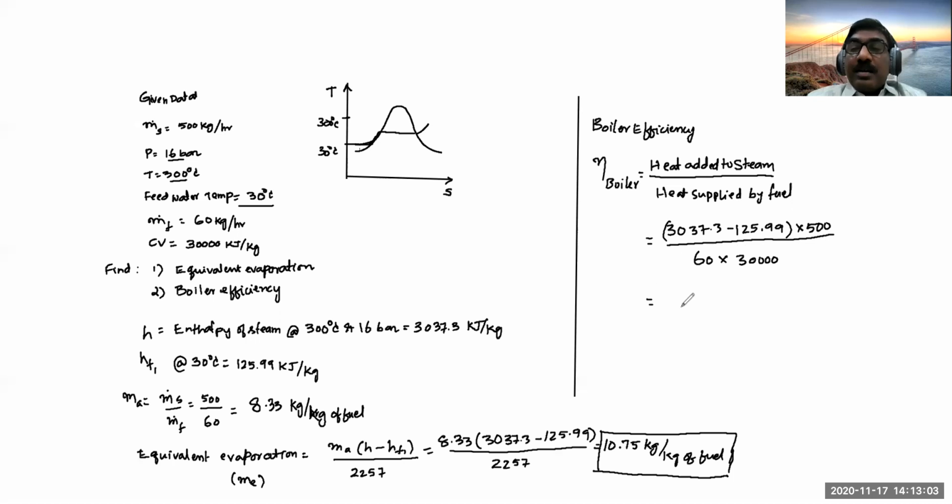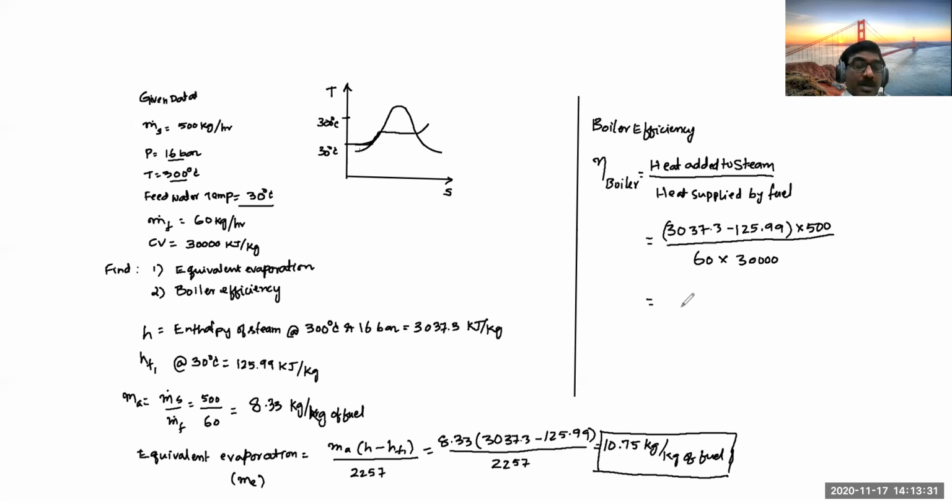So this is again 3037.3 minus 125.99 into 500, divided by 60 into 30,000.